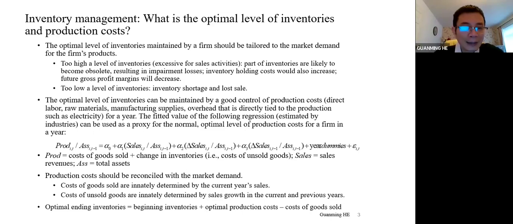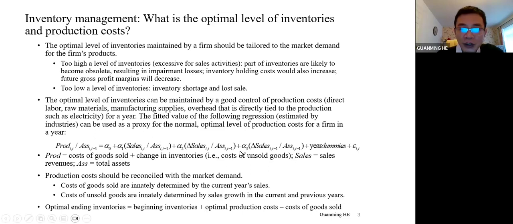To this end, we need to first figure out the fundamental determinants of the production cost. By definition, the production cost could be divided into cost of goods sold and the change in the inventories. And this change in the inventories is the cost of goods that are not yet sold for this period.